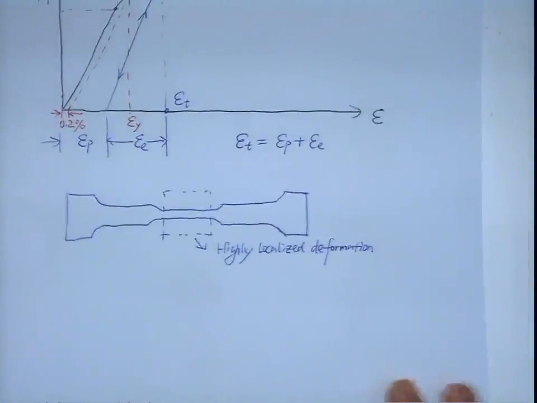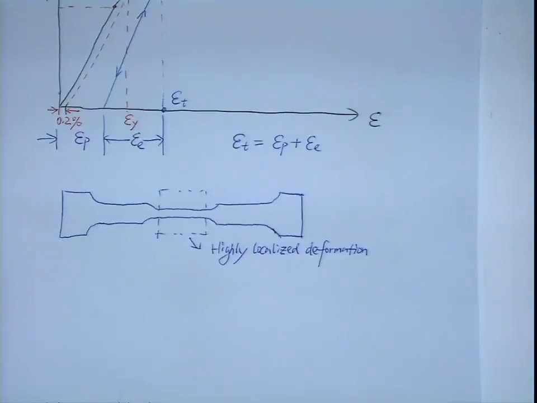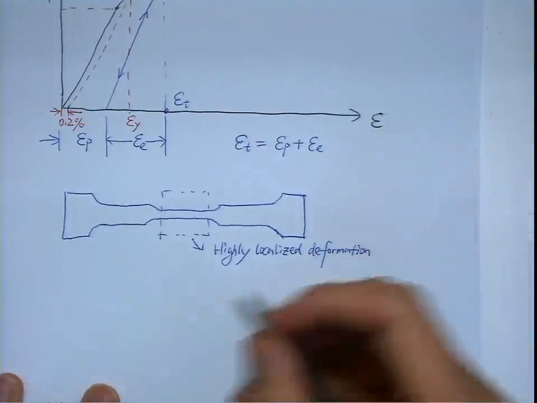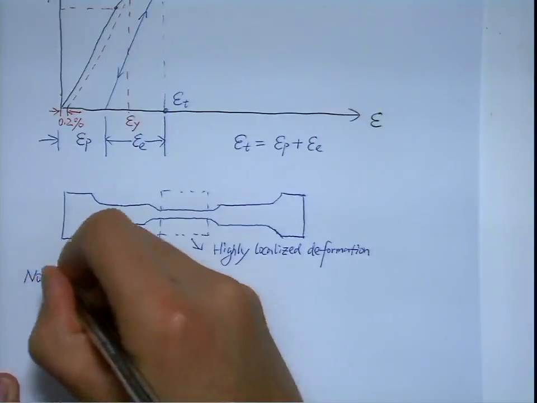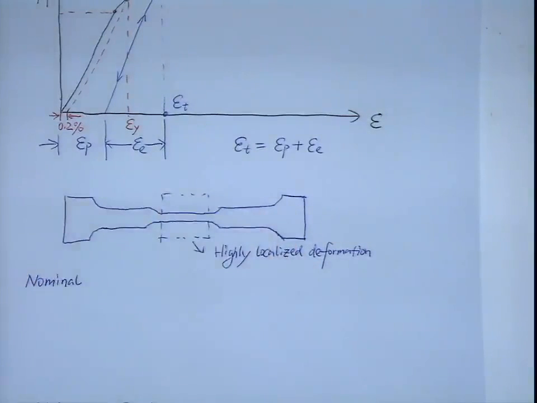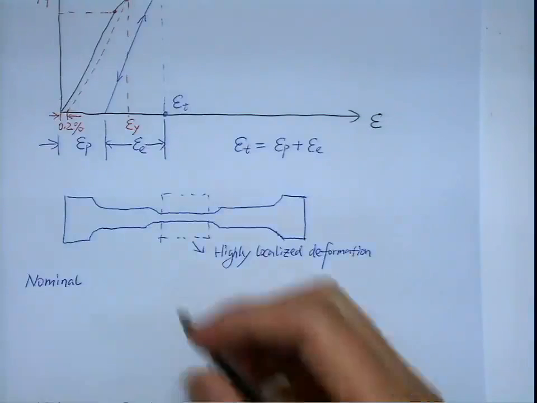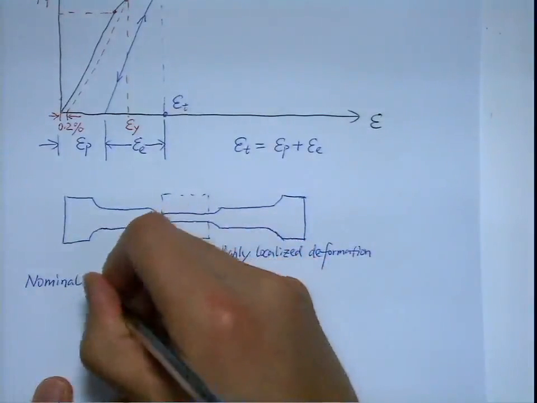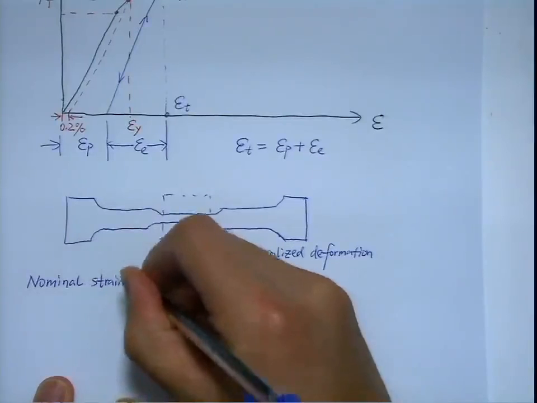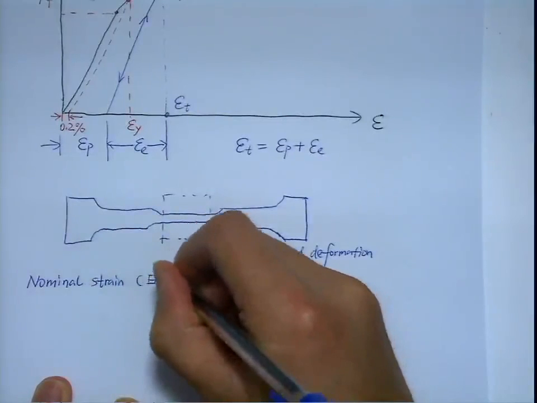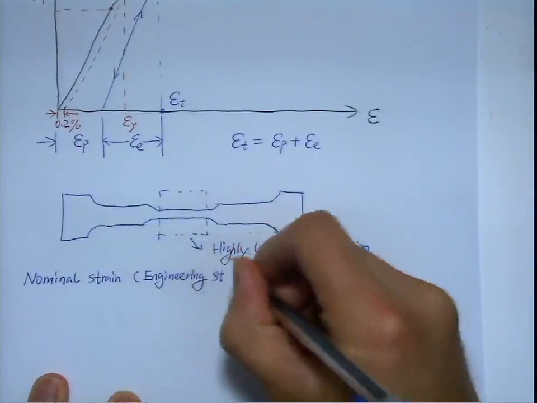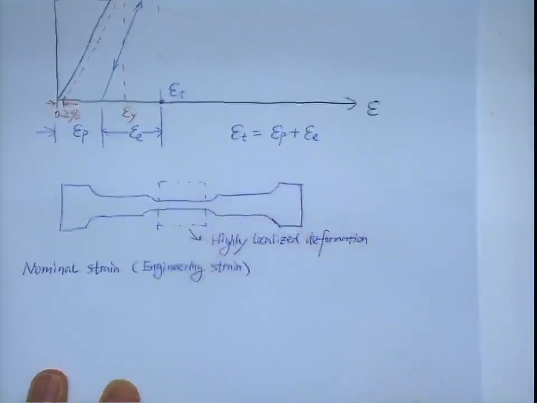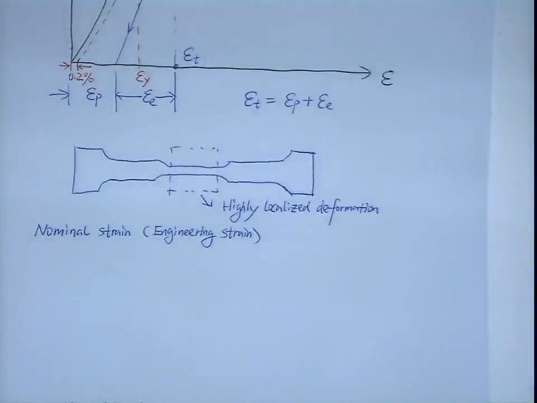Okay. So there's some terminology I wanted to define. First of all, the strain we are plotting here is, let's call it nominal strain. Or you can call it engineering strain. Okay.